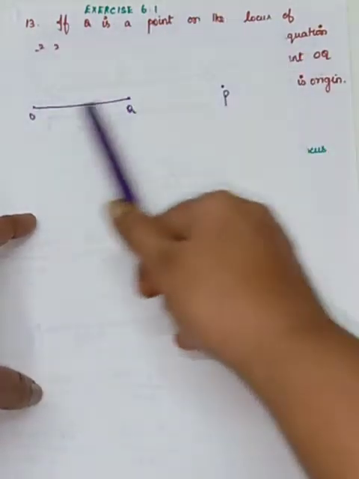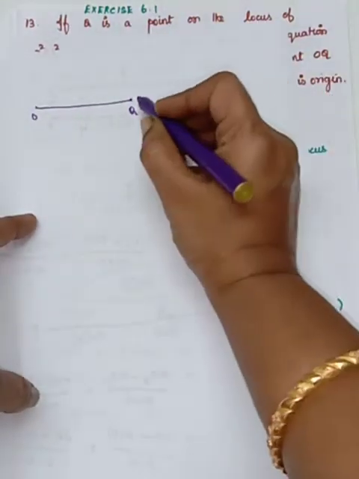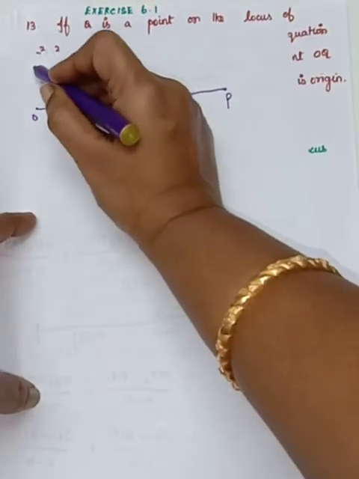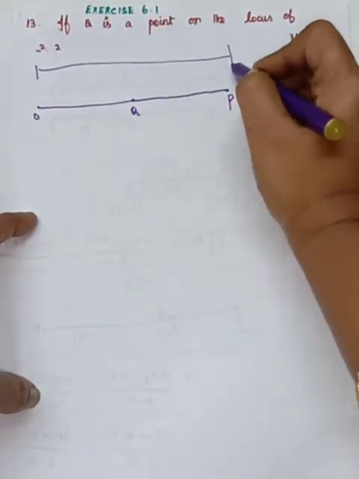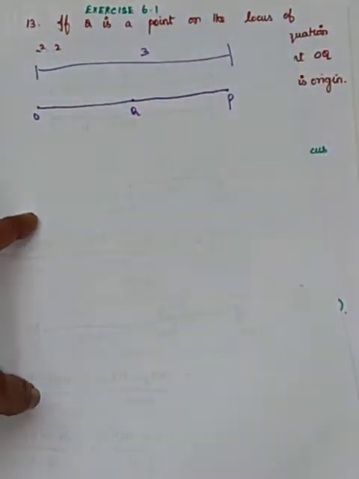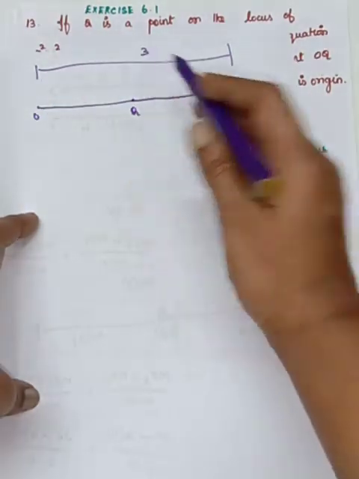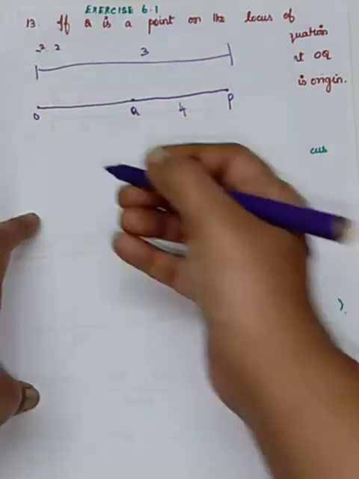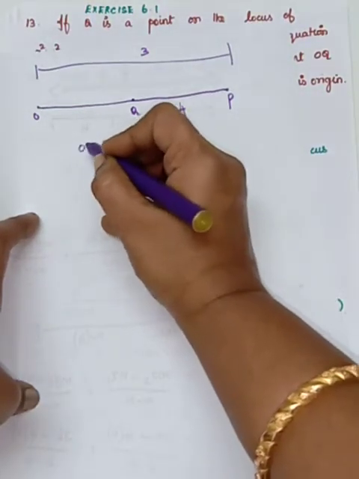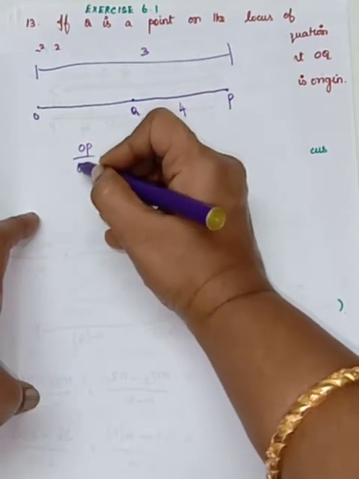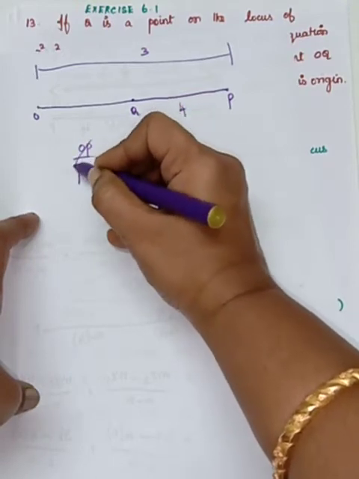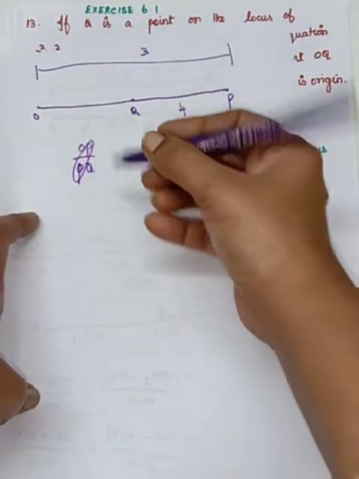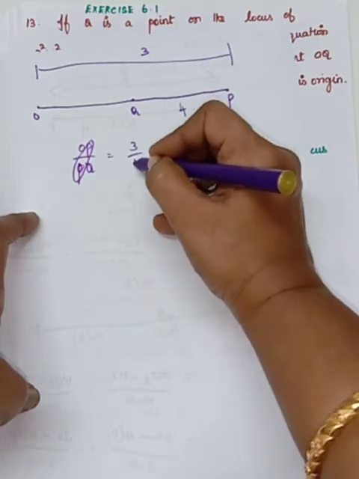Externally means OP is 3 and PQ is 4. So, P divides OQ in the ratio 3:4, therefore OP divided by PQ is equal to 3/4.